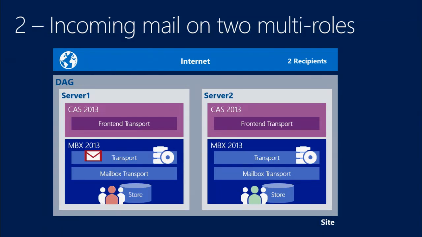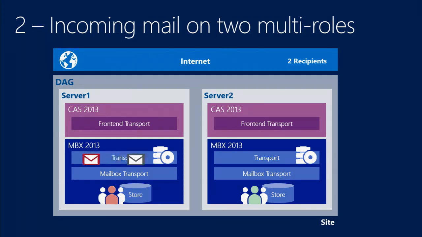Transport service at this point is then going to categorize this message, determine we have two recipients, determine that those recipients are located in different active databases, and that those active databases are mounted on two different servers.